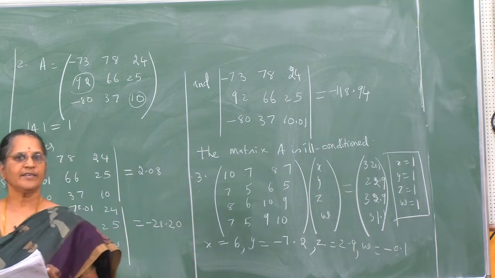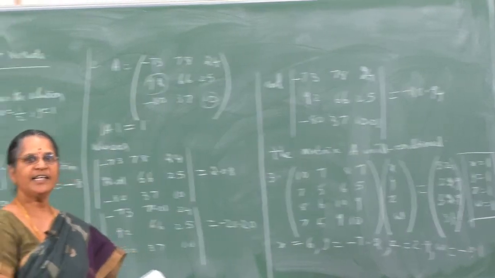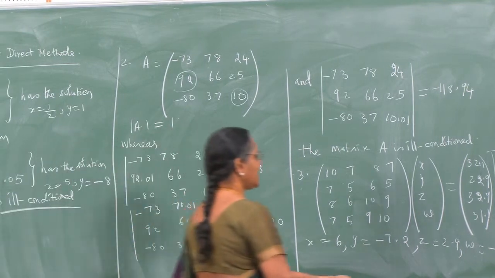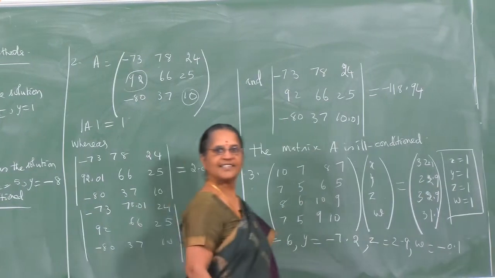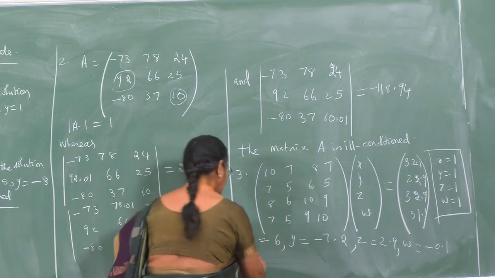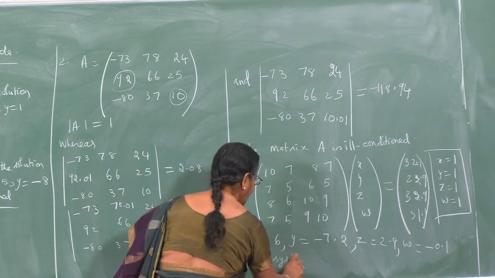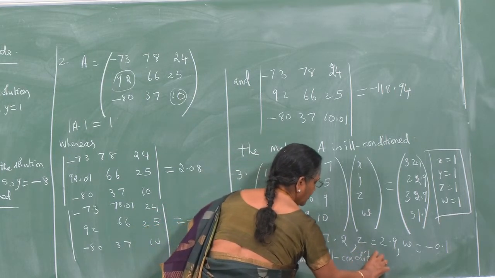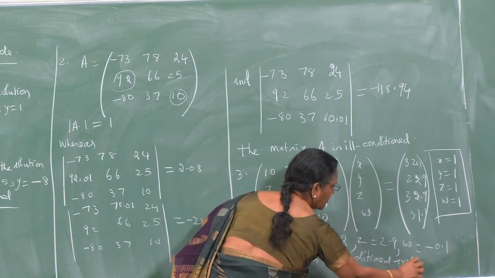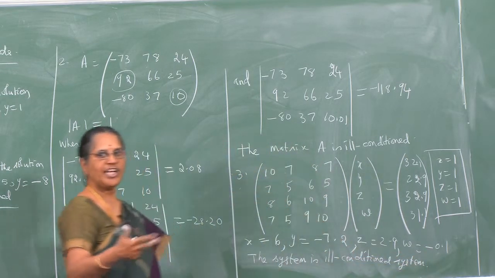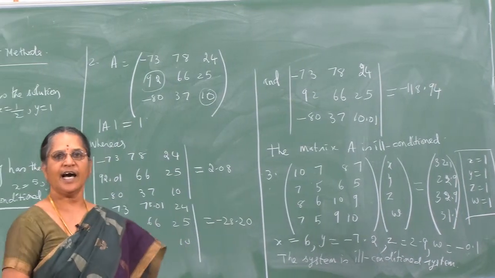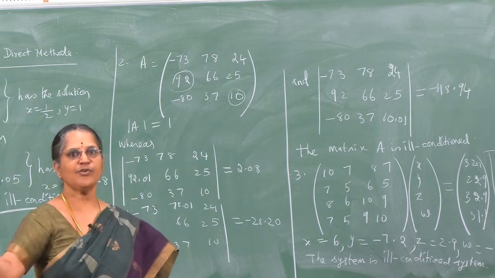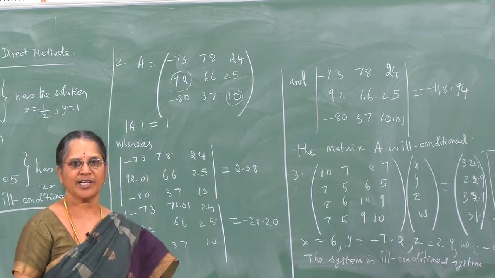You observe such large deviations in the solution of the system for very small changes in the entries of the right hand side vector, and therefore, the system is again an ill conditioned system, because small changes result in large deviations in the output, and therefore, your final solution cannot be a reliable solution.